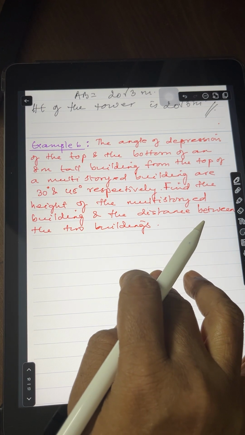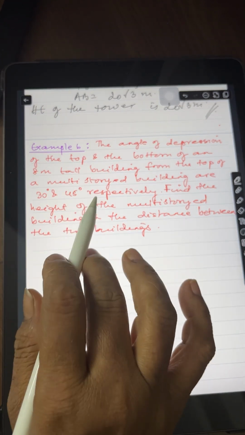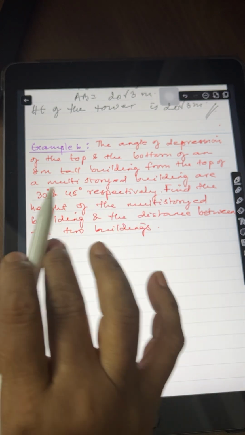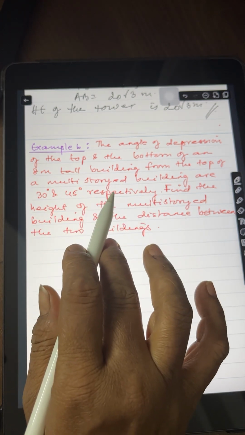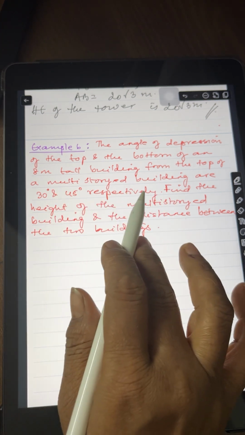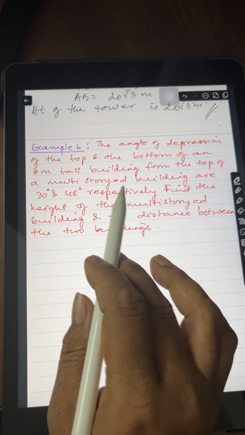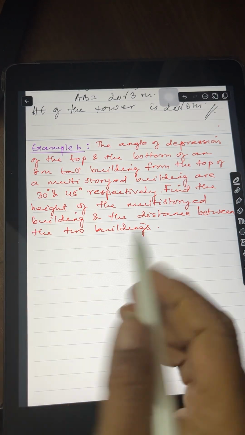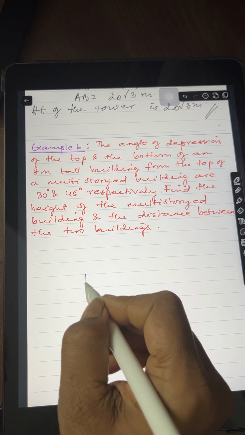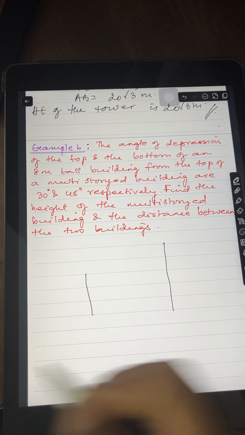Now the sixth one. The angle of depression of the top and the bottom of an 8-meter tall building from the top of the multi-storied building. Understand this question very clearly because there are two buildings here. One is a small building and one is a multi-storied building.